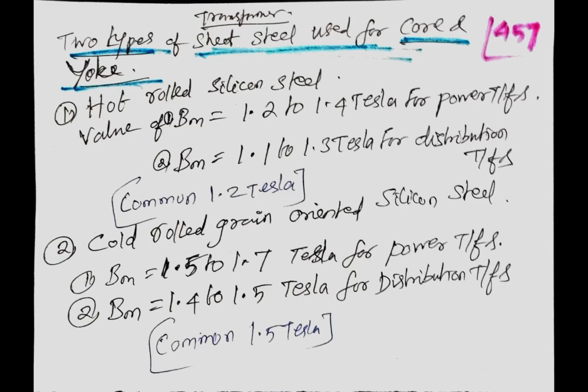That is, commonly 1.2 Tesla for hot rolled silicon steel. Cold rolled grain oriented silicon steel: Bm is 1.5 to 1.7 Tesla for power transformers and 1.4 to 1.5 Tesla for distribution transformers. That is, commonly 1.5 Tesla for cold rolled grain oriented silicon steel for transformers.